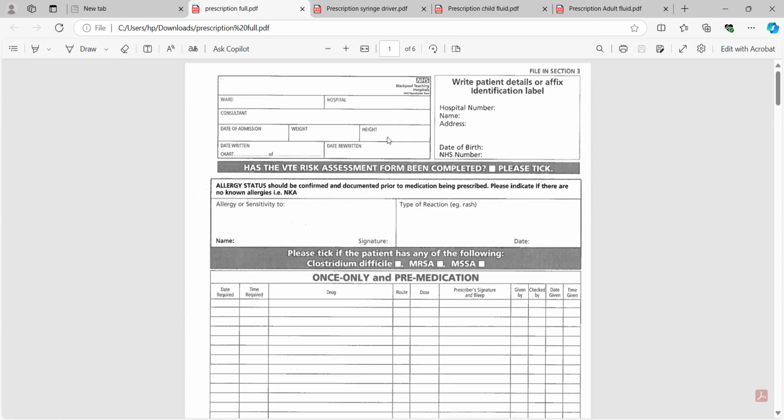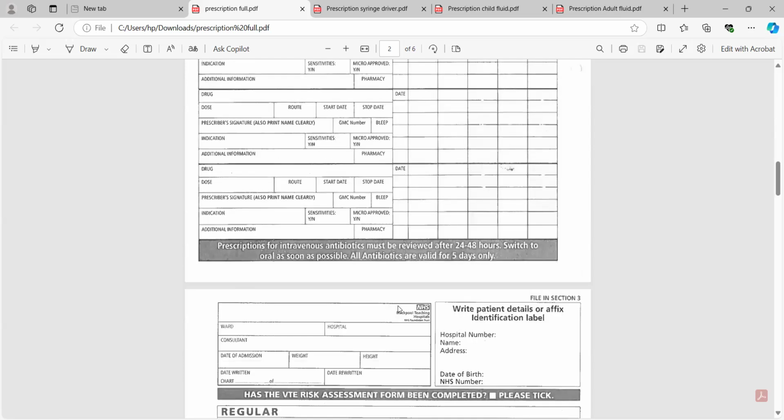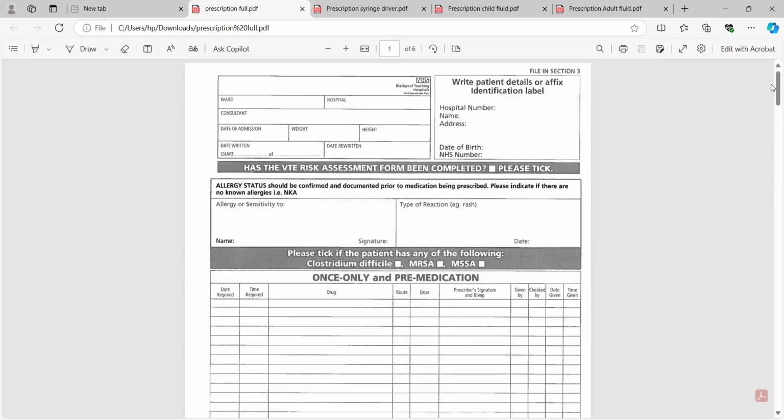So it is very necessary to fill all the pages for patient identification and hospital identification. First is on the first page, the second one is on the third page, and the third is on the prescription of syringe driver or prescription of fluid.